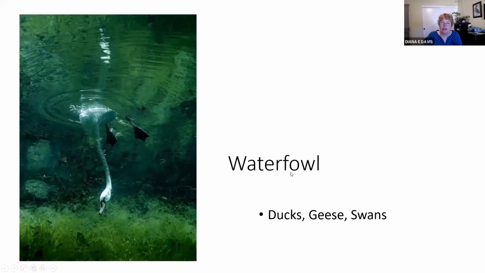The waterfowl group, closely related to chickens. Again, we are looking at relatively heavy bodies, but they also are highly adapted to water. These are the ducks, the geese, the swans. They have webbed feet.